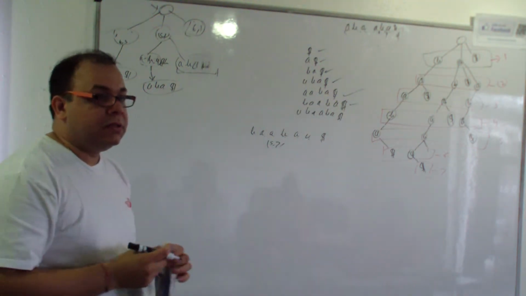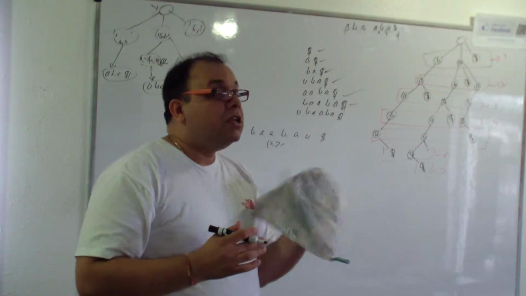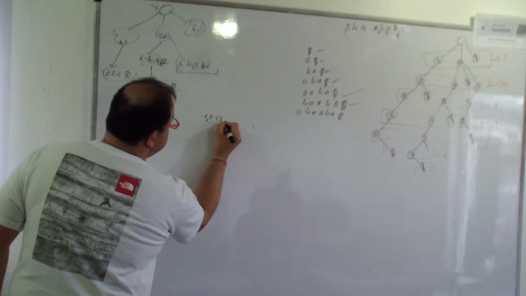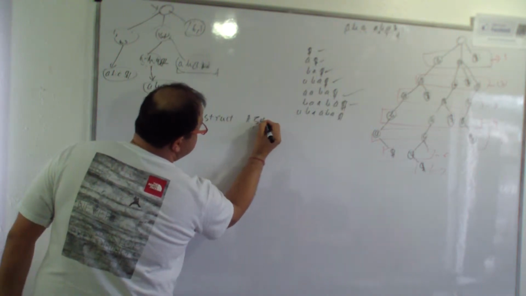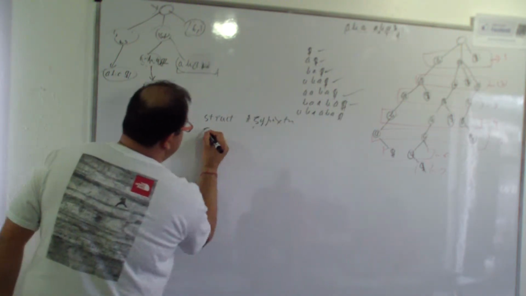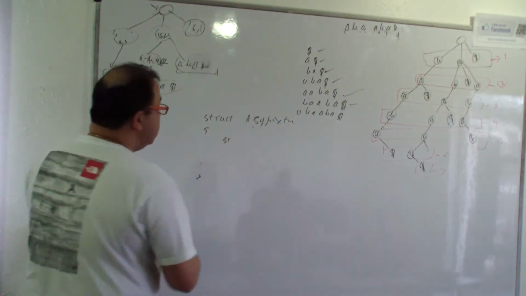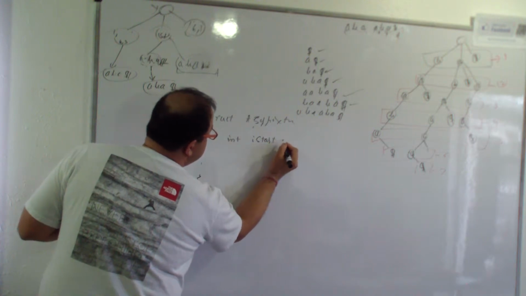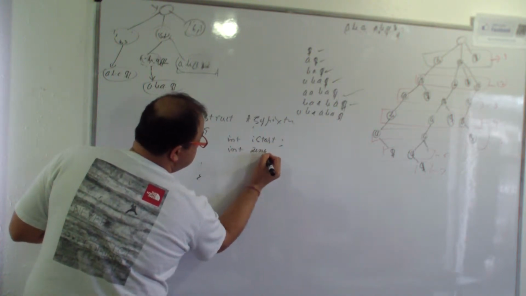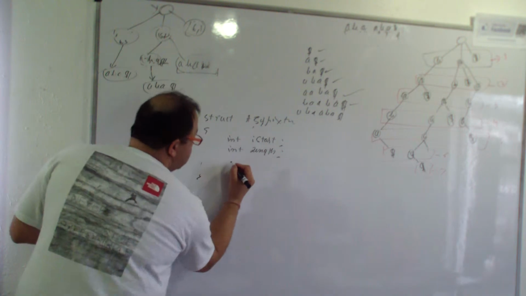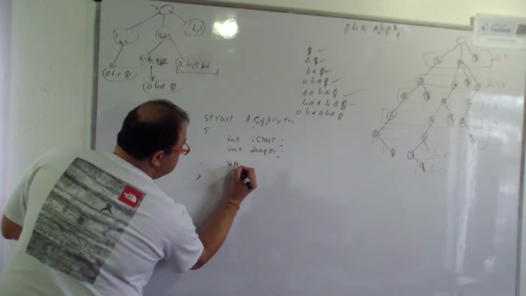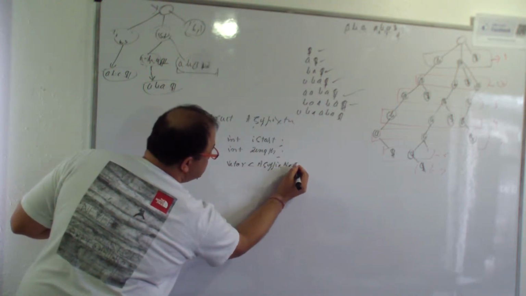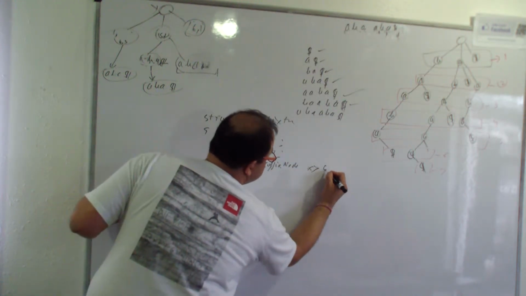So how will this change the node structure? The structure will be struct a suffix tree node, and instead of a string over here, we will have an integer start and an integer length, and then a vector of suffix node star children.